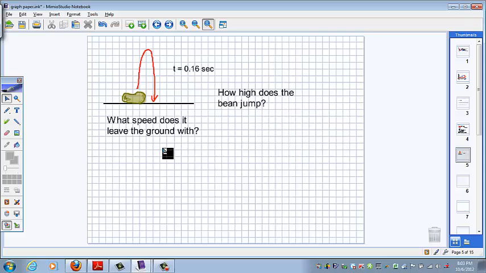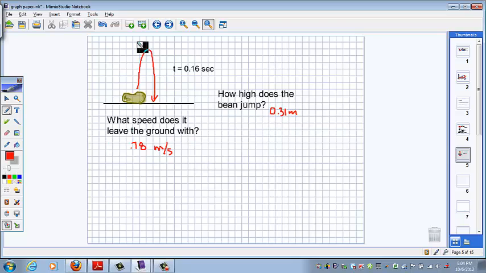Okay, so if you were successful, you should have had a speed of 0.78 meters per second for the speed that it left the ground with, and how high it jumped should have been 0.031 meters. So if you got those 2 answers, you can just go on ahead to the next question. But if not, stick around and we'll discuss this in detail.